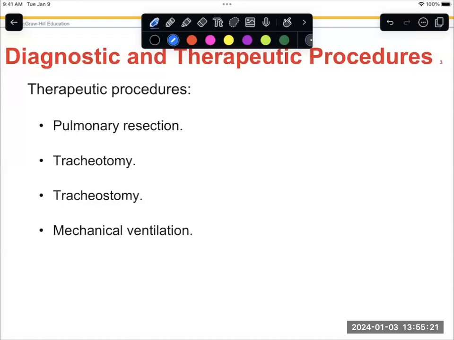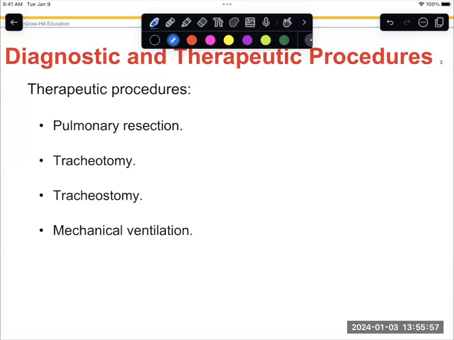A segmental resection, which is the removal of lung tissue attached to a bronchiole. A lobectomy is removal of that entire lobe. Or pneumonectomy, which is removal of the entire lung. Tracheotomy is an incision made into the trachea to provide a temporary airway so that a tracheostomy tube can be inserted into the airway of someone whose airway is obstructed or a patient who is paralyzed.